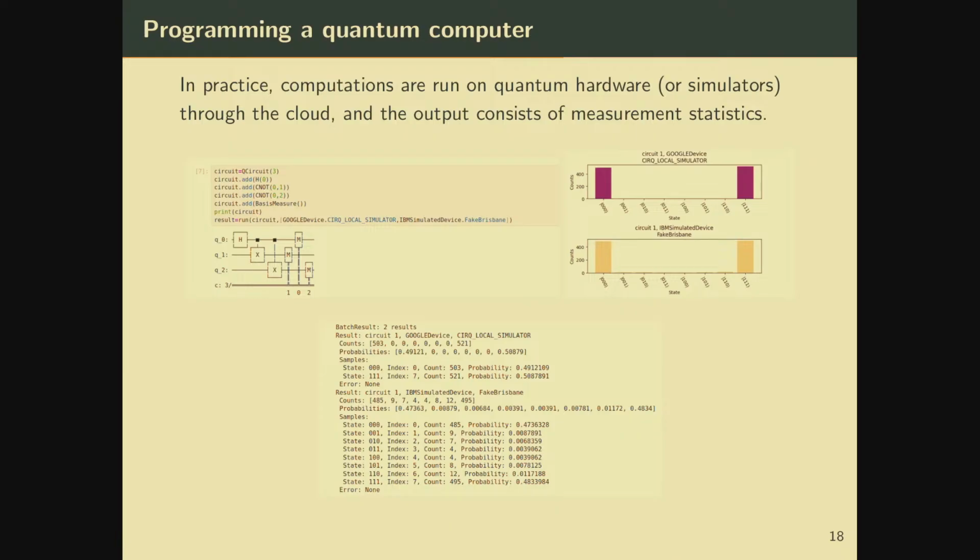Okay. What can we do with the quantum computer? Of course, people dream about programming very sophisticated algorithms and proving quantum supremacy or stuff like that. Today's machines do not allow you to do it.